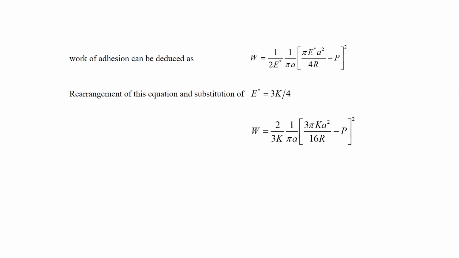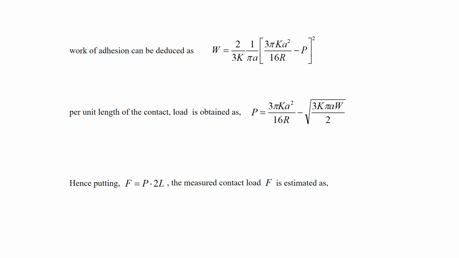So, we can further use E star is equal to 3 K by 4, and substitute over here. So, we can get this particular expression and rearrange it, and we know that in experiments we get the data in terms of P and A as a function of P. So, we can rearrange this data also.